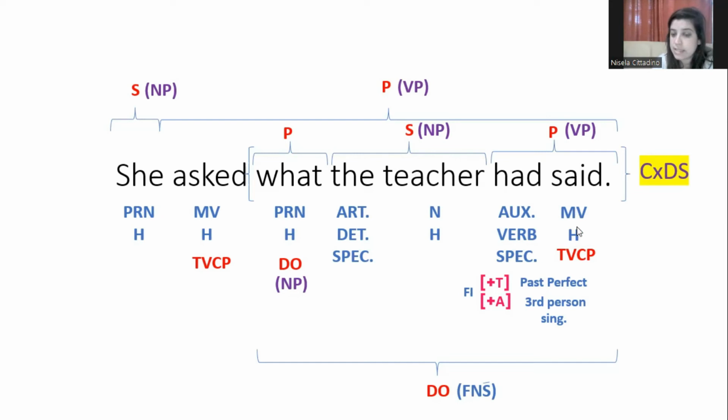And said is the main verb of the clause and the head, and it is a transitive verb because it takes a direct object of complete predication, because it doesn't have an objective complement. And this is a complex declarative sentence. Okay, let's go to the next one.